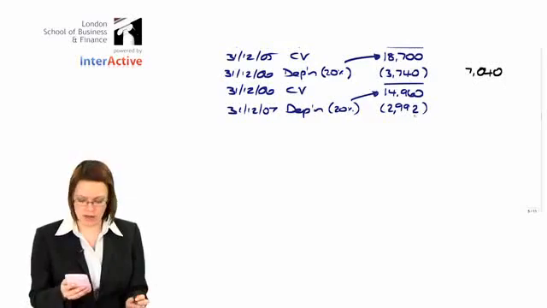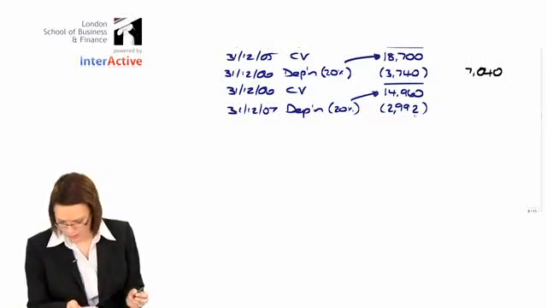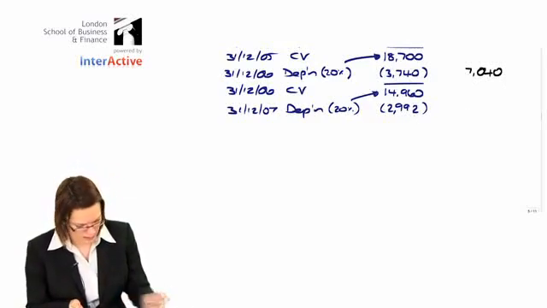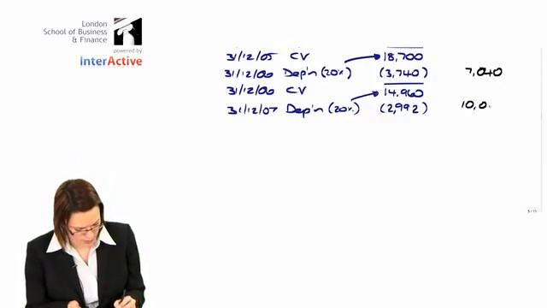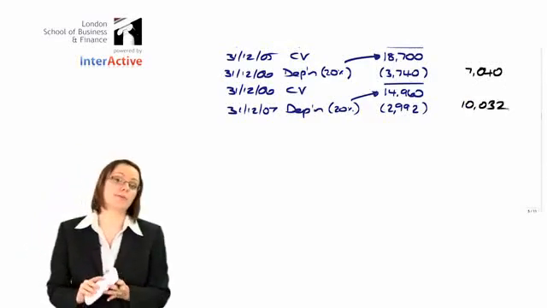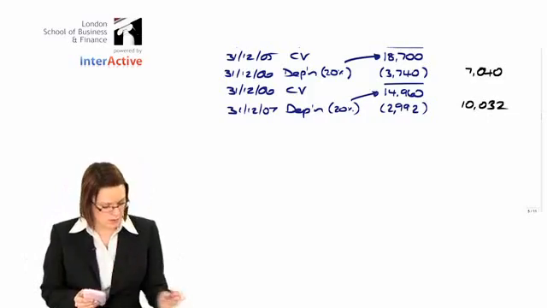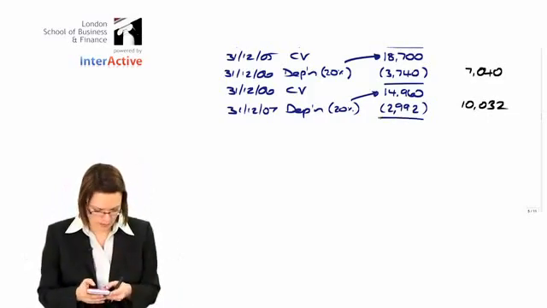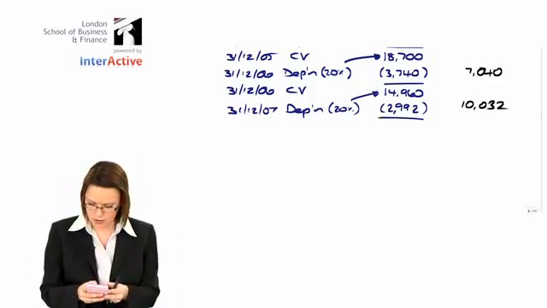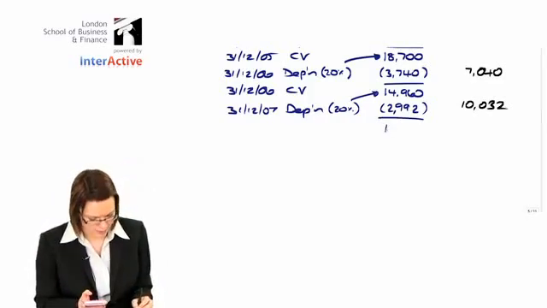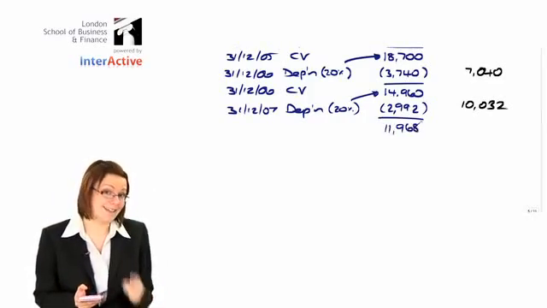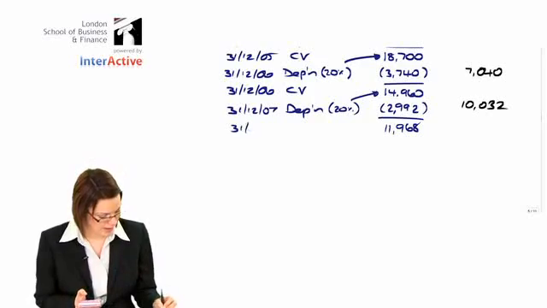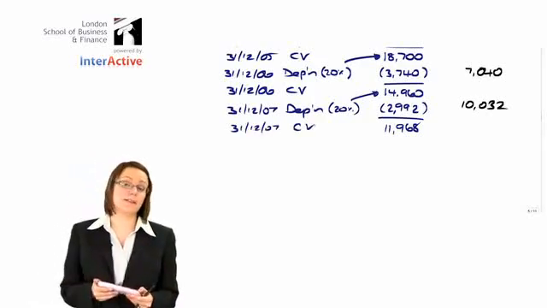Add 2,992. That's going to give us $10,032. Okay. Carrying value 14,960 minus 2,992, 11,968. And that's our carrying value at the end of 2007.